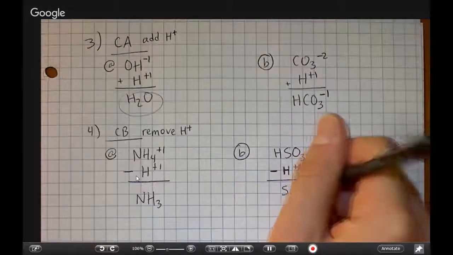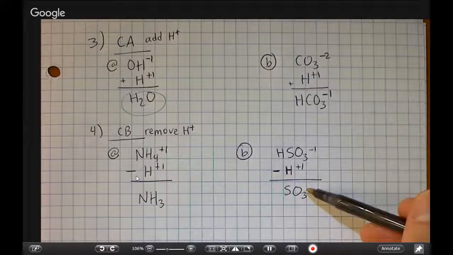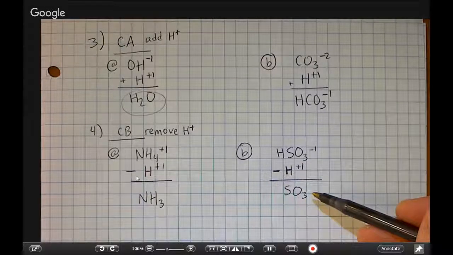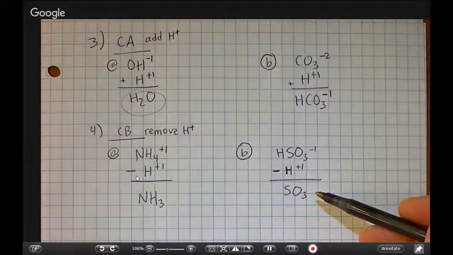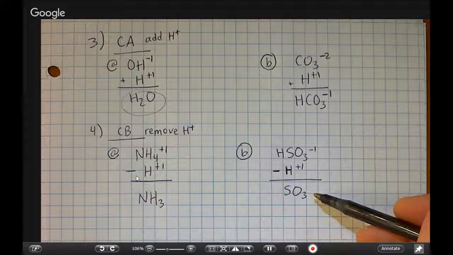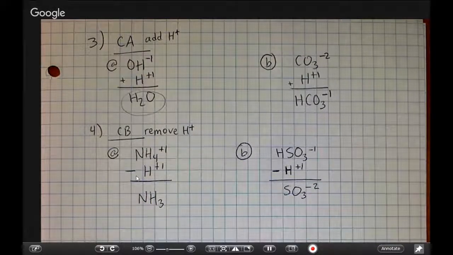SO3. And we had a -1 charge, and we subtract +1. So we got -1 minus 1, which ends up with -2. So SO3 -2, our sulfite ion, is what we end up with for the conjugate base.